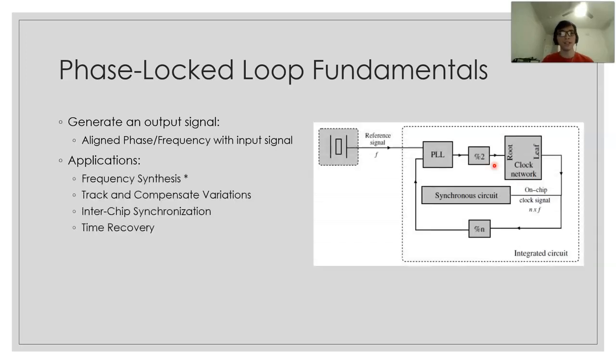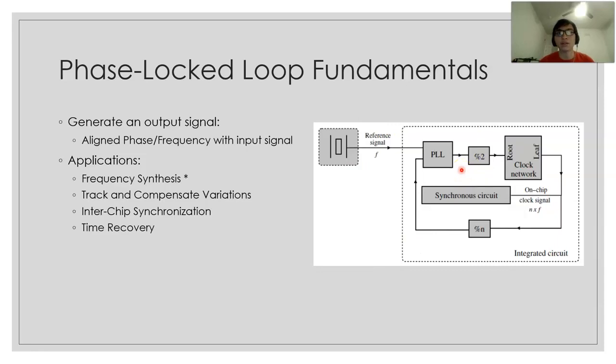And for the applications of phase lock loop, there have been a lot, but the four most significant ones are standardizing frequency, which generates a clock signal at a frequency that is a multiple of the reference signal, as you can see in here.